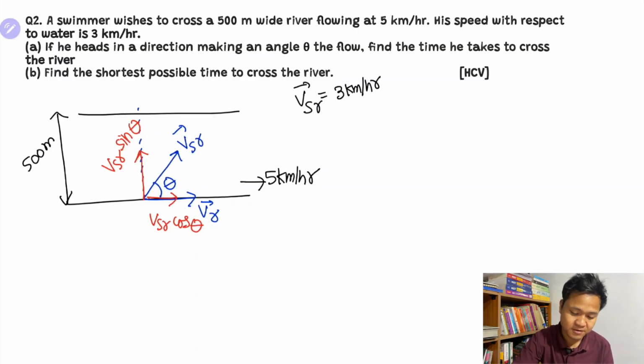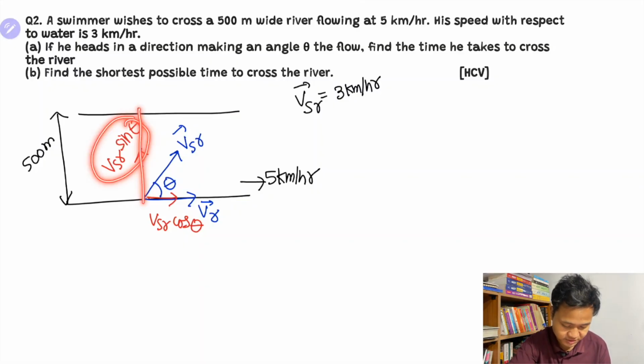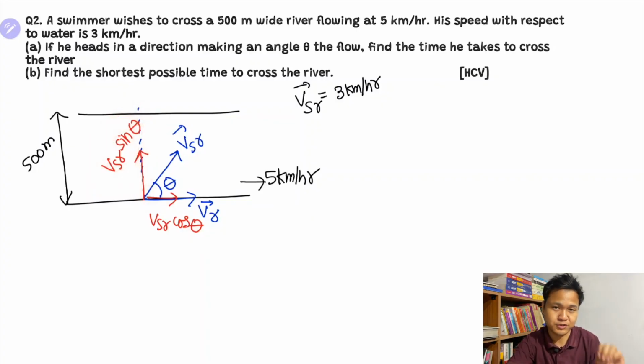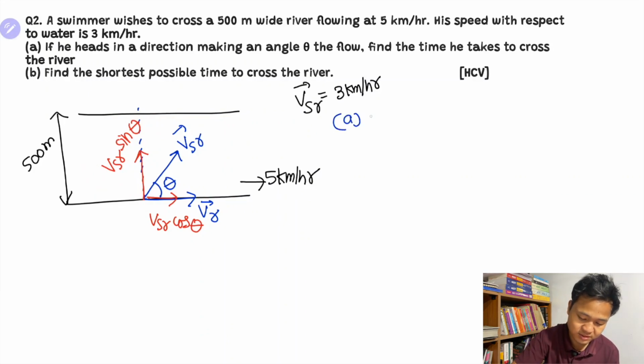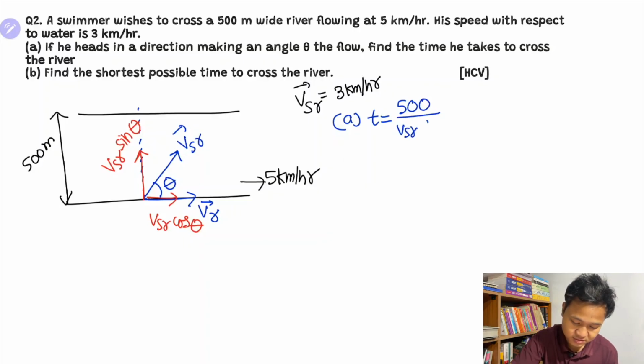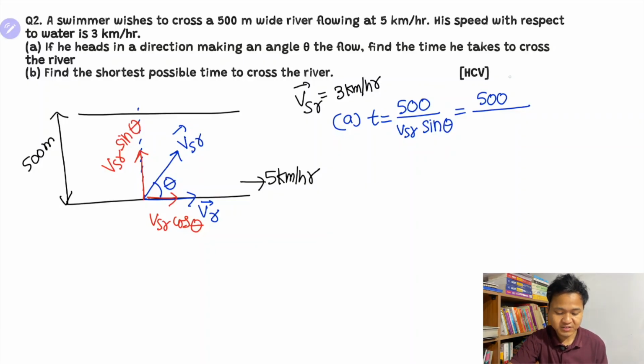Question is to find the time he takes to cross. Whenever time is asked, you see which component of velocity is along the vertical, because this velocity is responsible for the vertical motion. Part A, time. So time is 500 meter divided by VSR sine theta. Theta is just given as theta. So 500 divided by VSR, which is 3 kilometer. 500 is in meter, so 3 kilometer is 3000 meter.